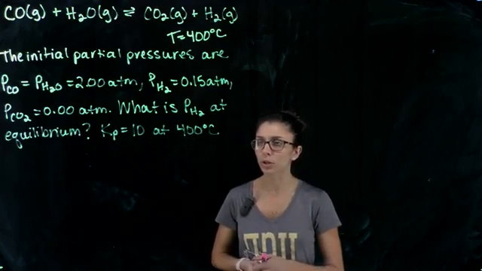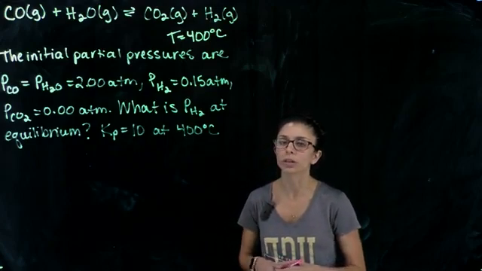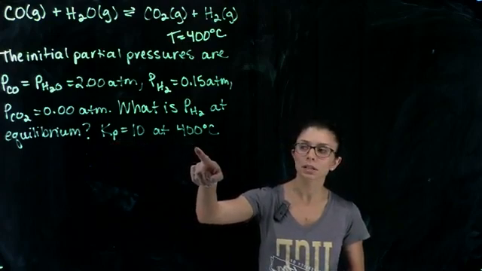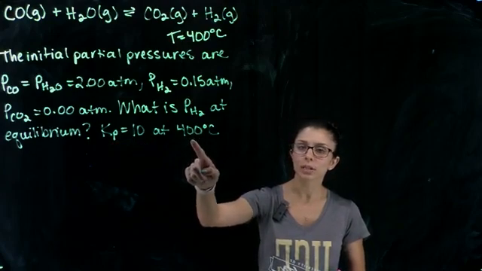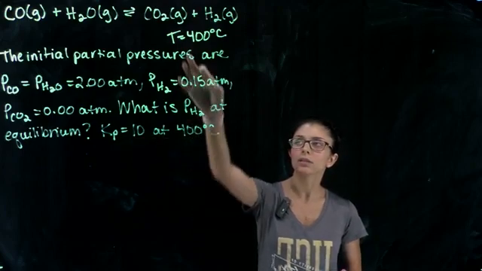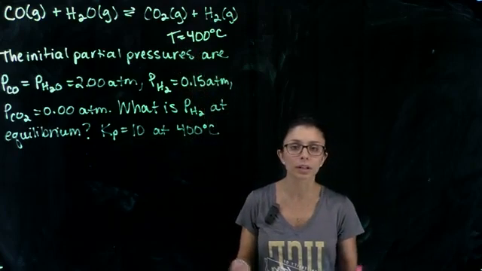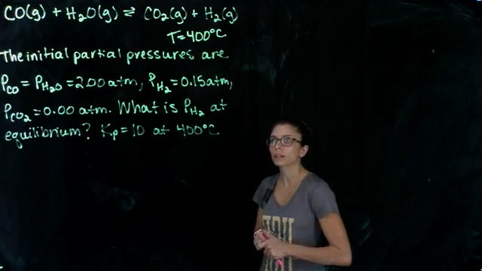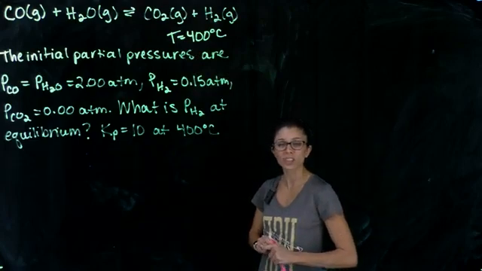So we want to know what is the partial pressure of hydrogen at equilibrium, and we've been given Kp equals 10 at 400 degrees C. So since the temperature that we've been given Kp at is the same as where the reaction vessel is, we don't have to worry about any changes in temperature. So we won't consider that when we are identifying what's given in the problem.